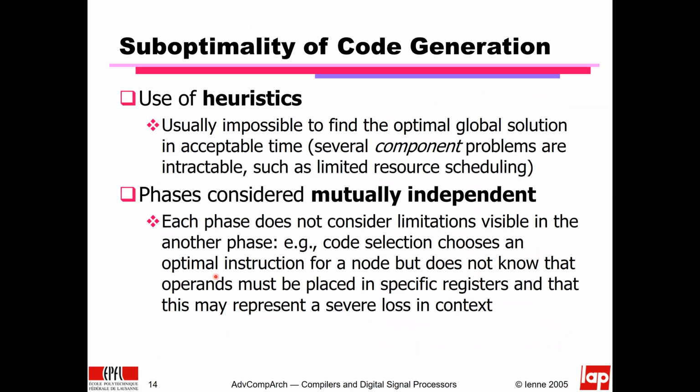Now, I want to emphasize two things on what we have seen here, which is just a reminder of some extremely basic backend compiler, optimizing compiler course material. One is that the use of heuristics is almost universal.